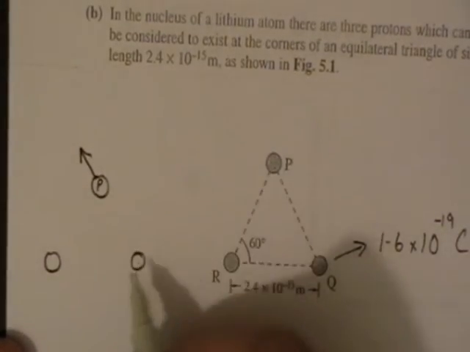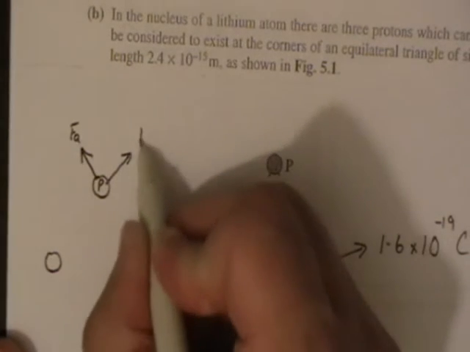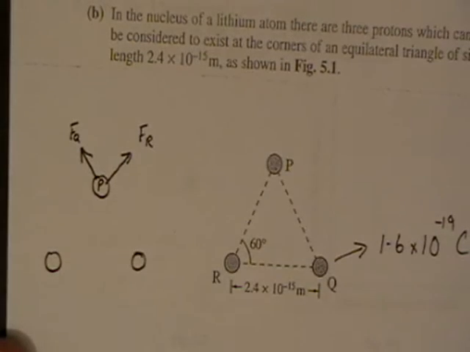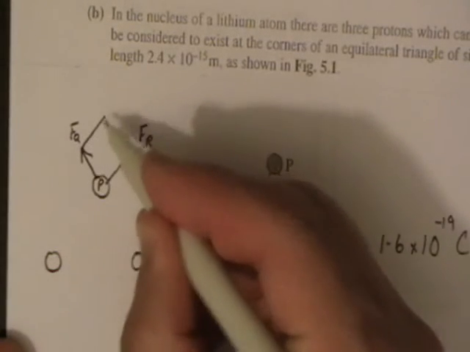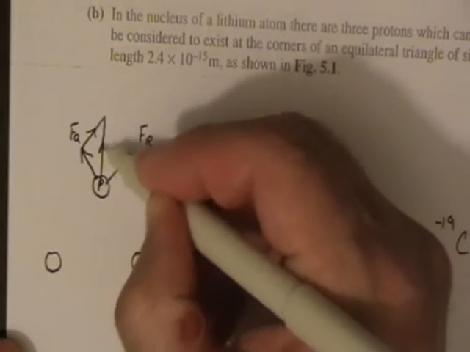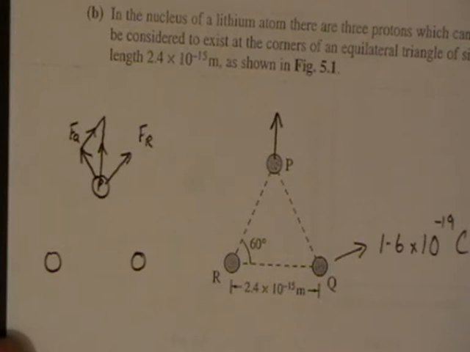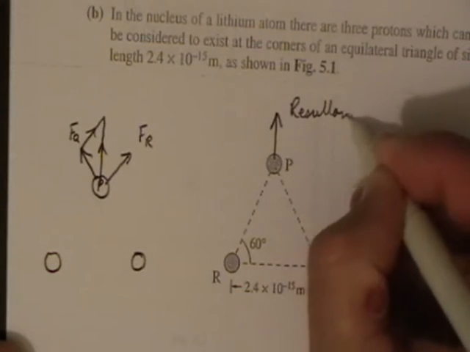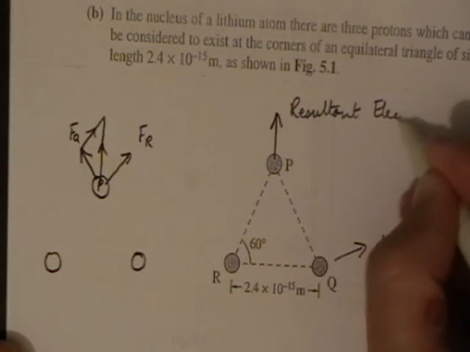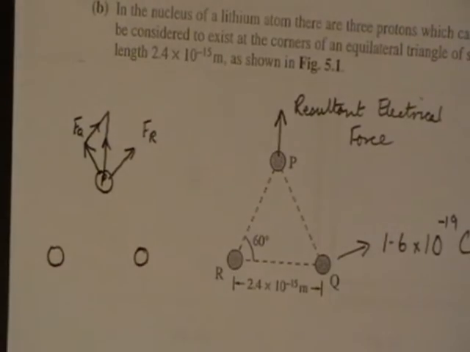This is P here, so that's the force due to Q, and we also get a force due to R. The combined effect of them is that plus that to give that. And so that's the resultant force. So that's the resultant electrical force. It acts directly up the page.